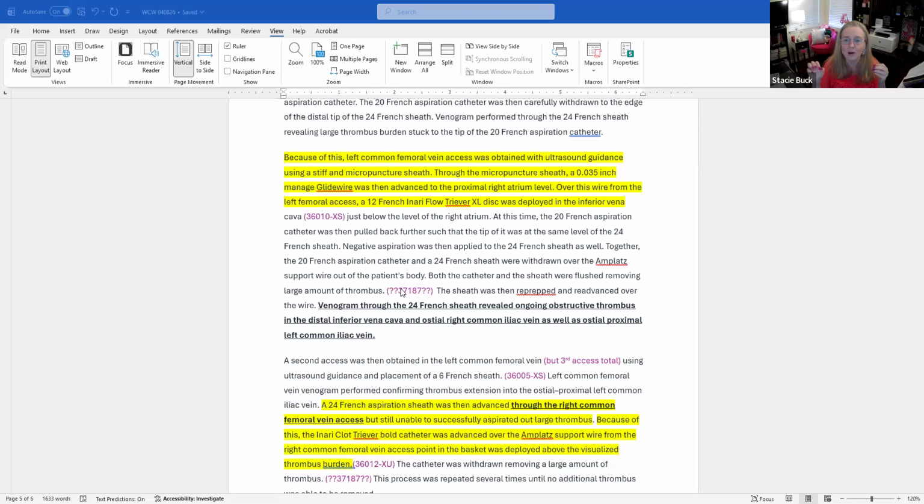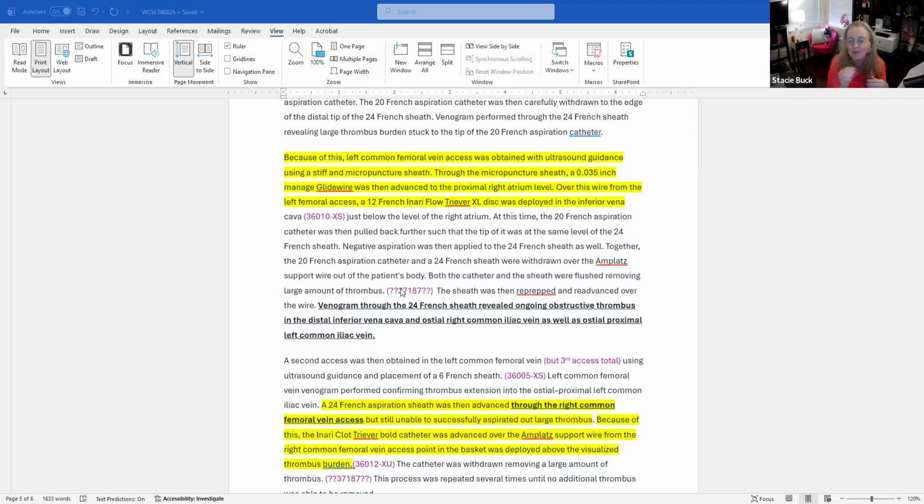And so here what we see is what's happening in this paragraph. It says that at this time, the 20 French aspiration catheter was pulled back further, so the tip of it was at the same level of the 24 French sheath. And so what's happening in this part of the procedure is that it appears as though when the thrombectomy of the pulmonary was being performed, now we have this issue where a portion of the thrombus has moved, okay?